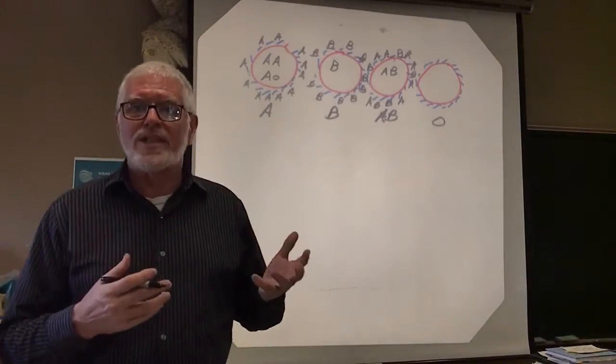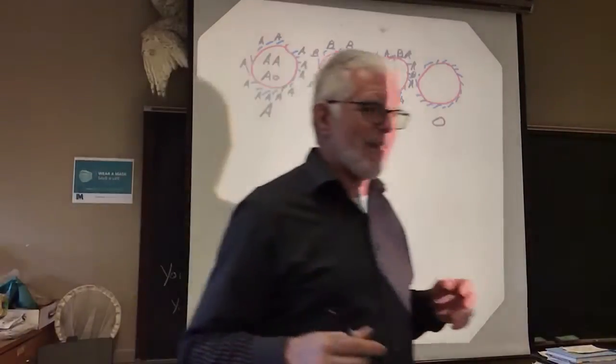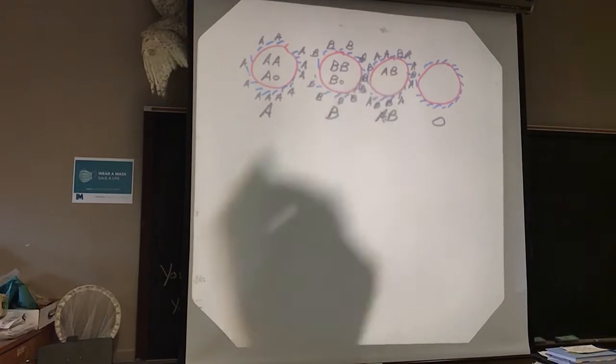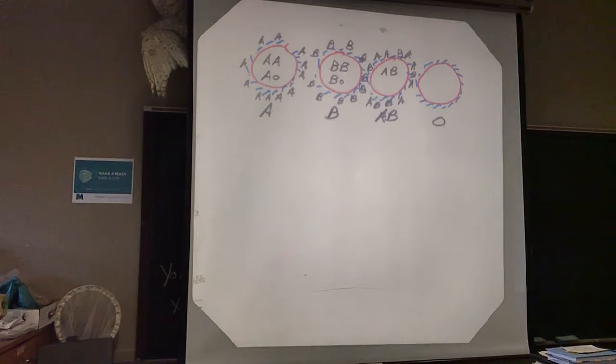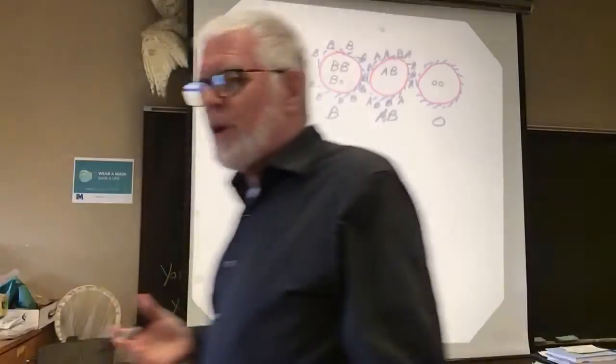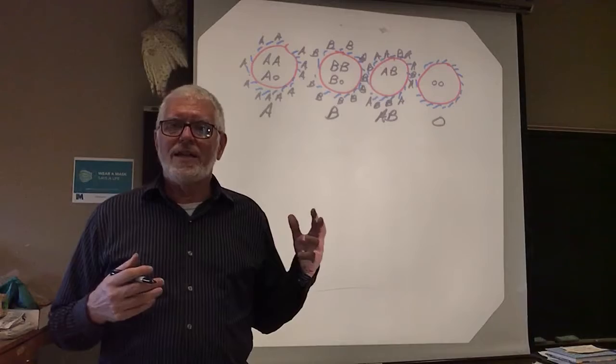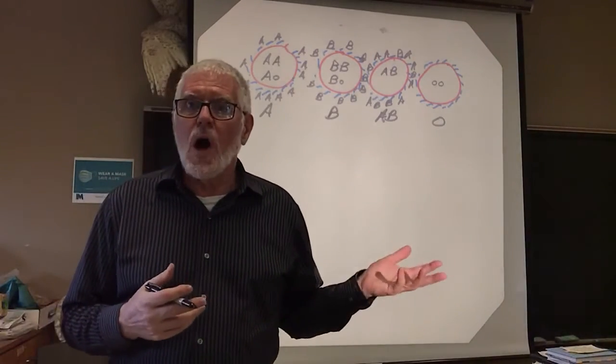Your blood's going to register as A. Same thing happens over here. Notice I'm writing the O as lowercase. The only way you can have O blood is to not have an allele that's going to put an A or a B marker out there. So if you have O blood, you got to have O.